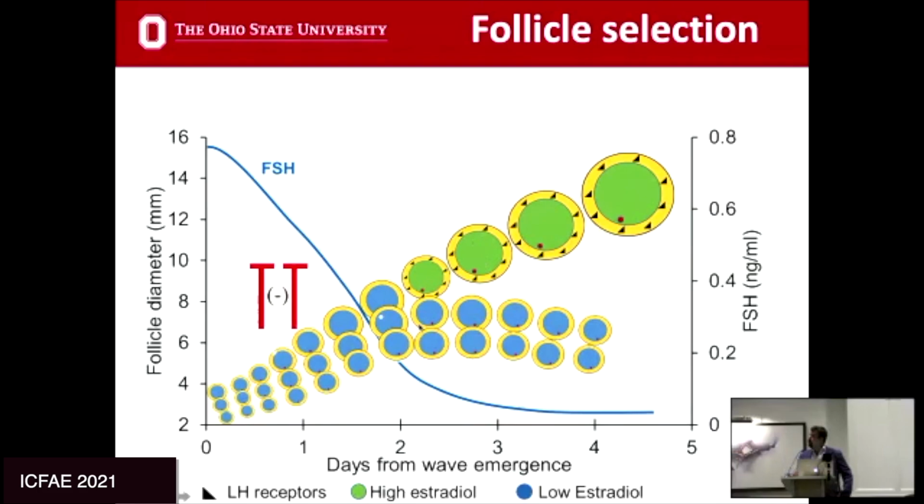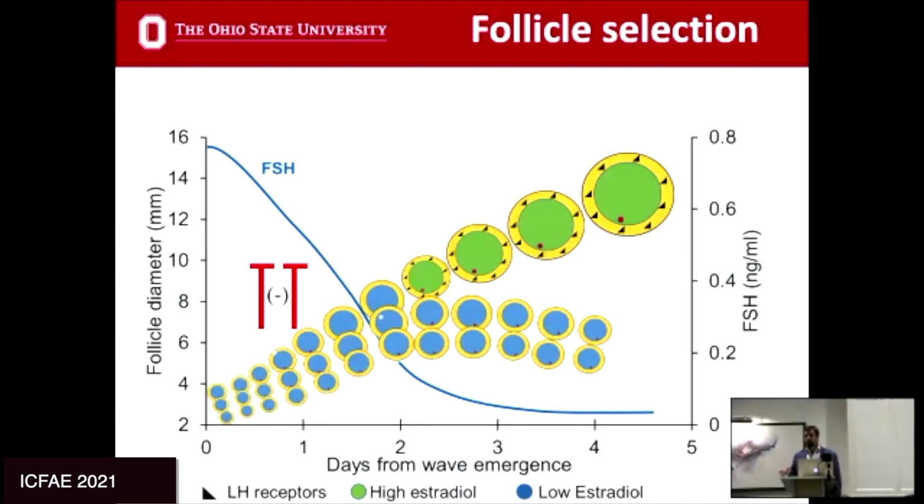Basically, the future dominant follicle is allowed to continue to grow at a relatively similar rate, while the subordinate follicles begin to first slow that growth rate and eventually completely cease to grow. We know that diameter deviation occurs between 2 to 3 days after follicular wave emergence. And in Bos taurus cattle, the future dominant follicle is 8.5 millimeters in diameter.